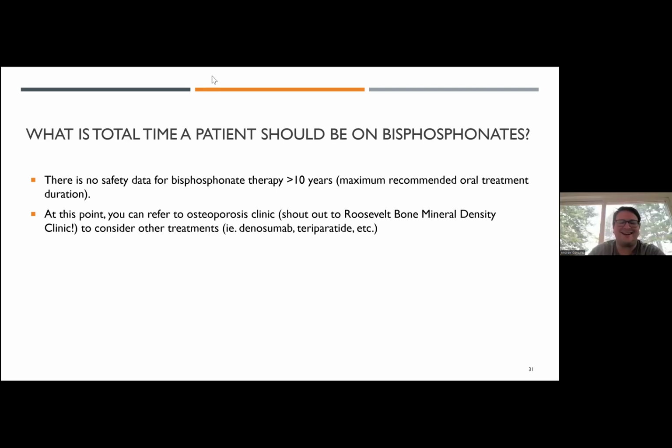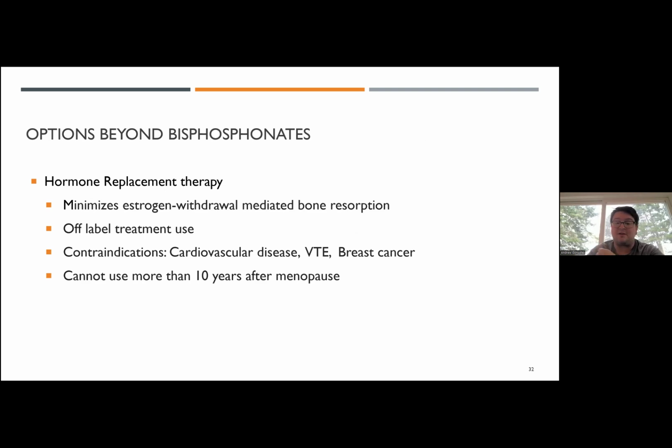Thanks, guys. So that's bisphosphonates. I'm going to briefly, just being mindful of time, go into these other options, which I'm not typically prescribing, but just to know what the options are. We have hormone replacement therapy.